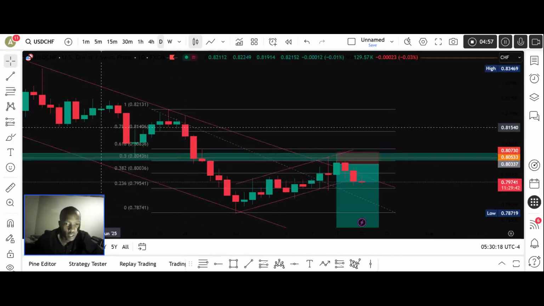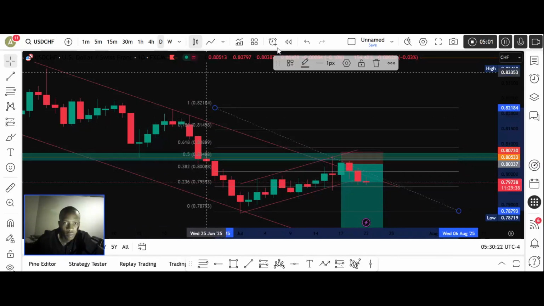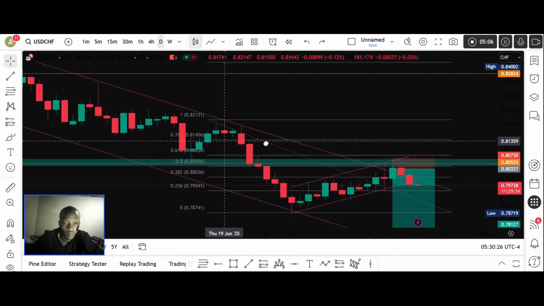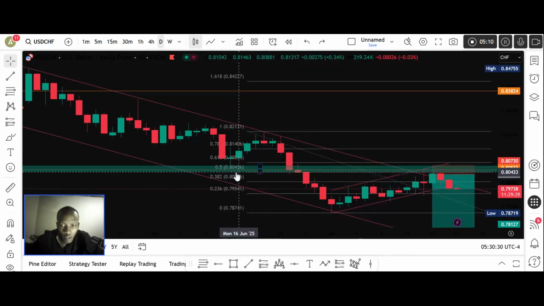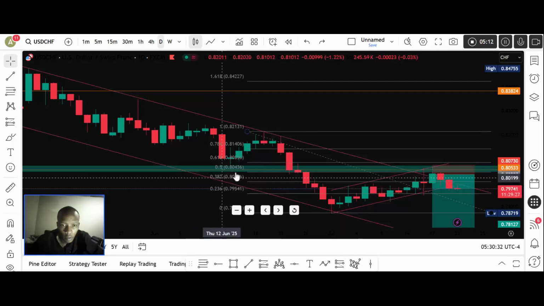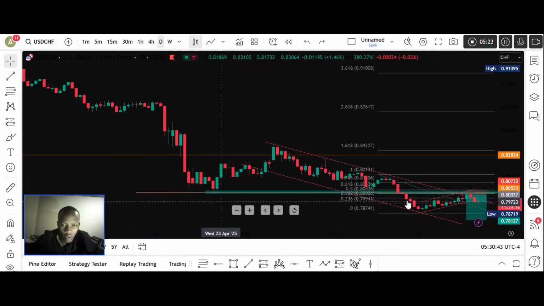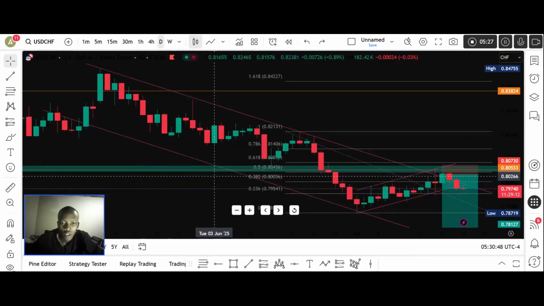So I mark this orange level as my 50%, or 0.5 retracement. If you can see, the orange line goes here, and goes here.